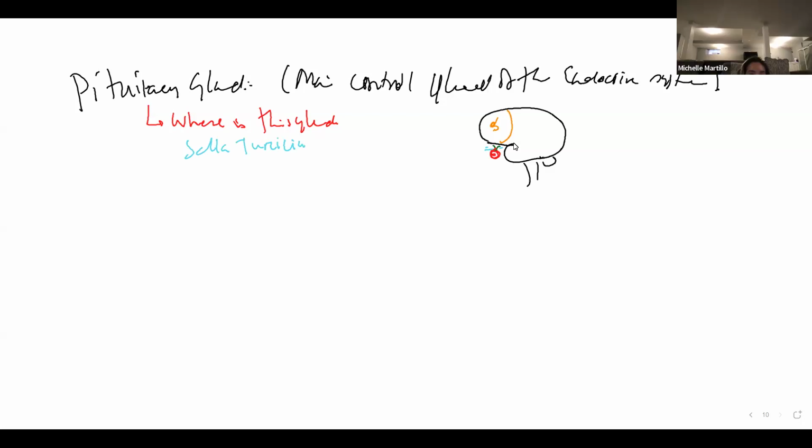So it's going to be inside the sella turcica, whatever it's called? Exactly. Because this area was your sella turcica, and this is where you have the pituitary gland.